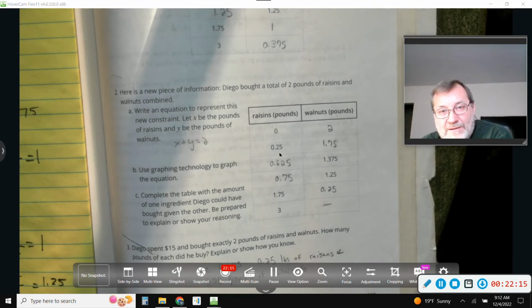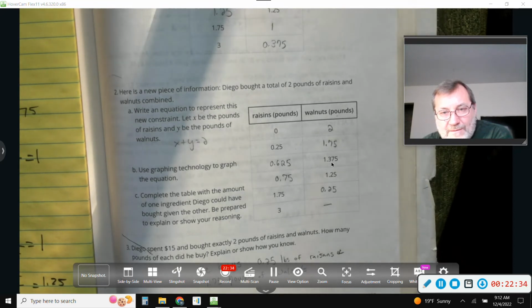But now completing this, if it's 0.25 pounds of raisins, when you subtract that away from the 2, then you get 1.75 pounds of walnuts. If you have 0.625 of the raisins, so 2 minus this amount, 1.375.